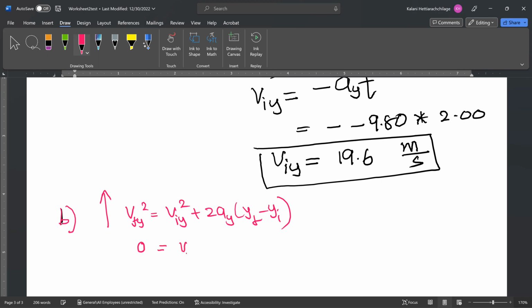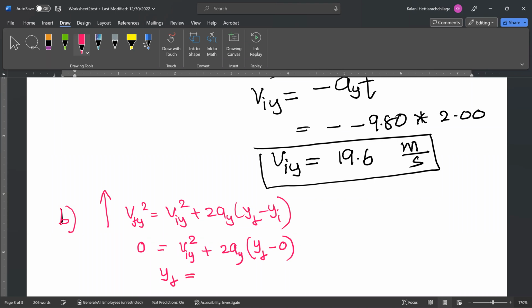I already have the value, but I'm not going to plug it in yet. Then plus twice the acceleration in y, I know it. I will just keep it in algebraic form. I want to find y final, and y initial was 0, right?